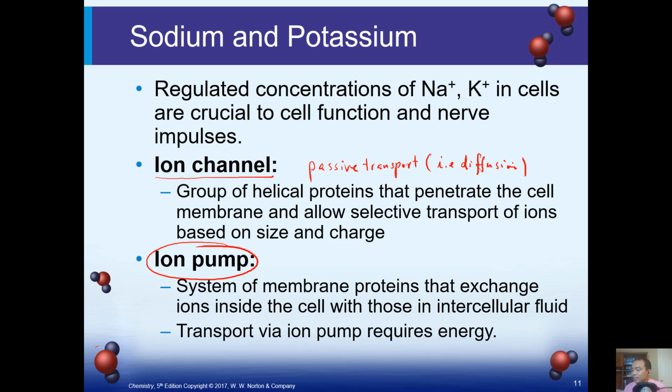Okay. And by ion pump, it is so-called active transport, and it requires energy, usually provided by ATP being converted to ADP.